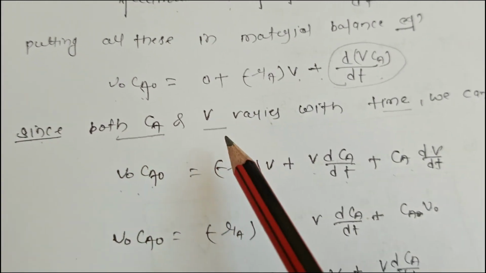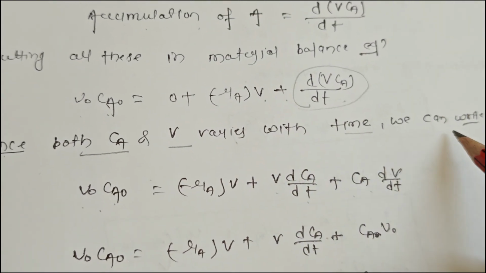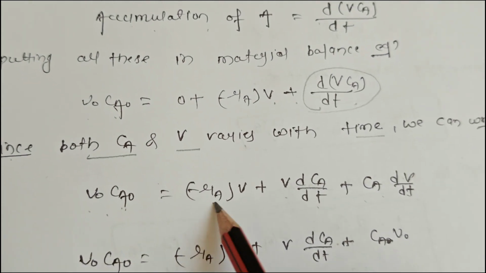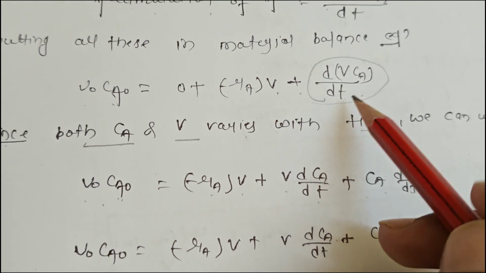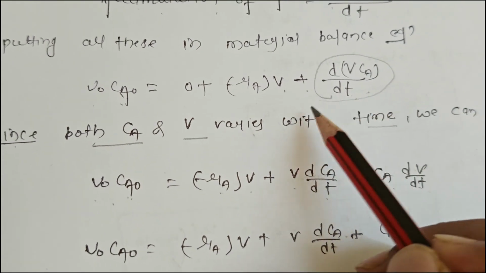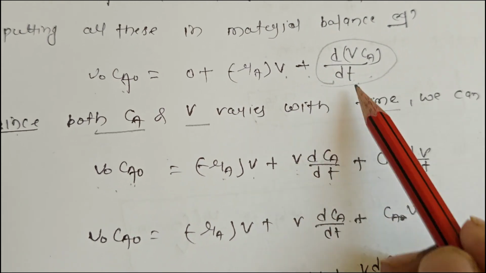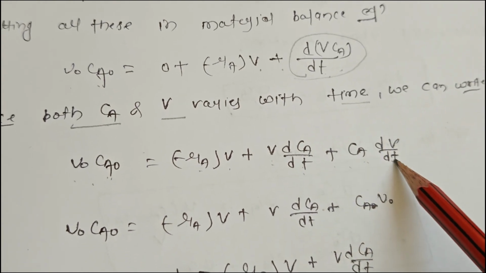Since both Ca and V vary with time, we know mu naught Ca is equal to minus Ra into V, and differentiating this term by product rule, keeping V constant dCa upon dt plus keeping Ca constant dV by dt.